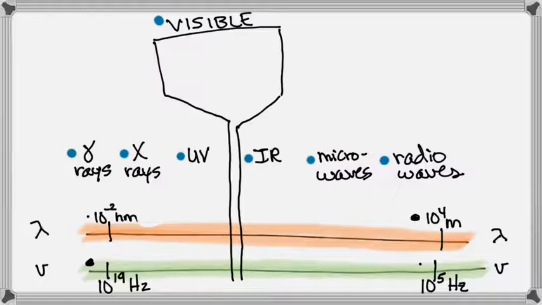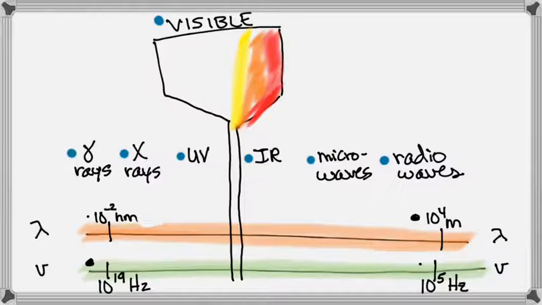Now we're going to break out our visible light. The visible spectrum, if you think of the colors of the rainbow, we've got first up our red. Next to red is going to be orange and yellow.